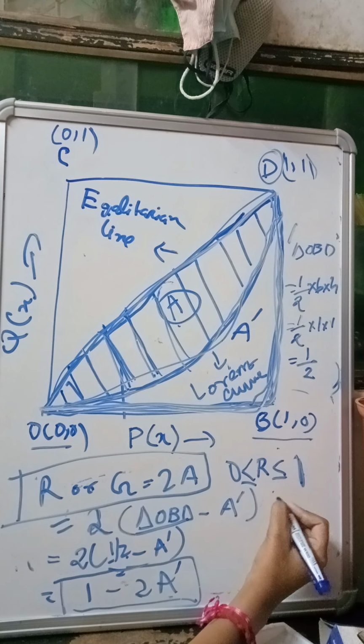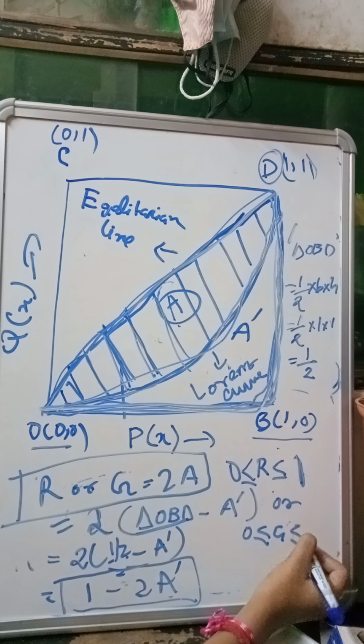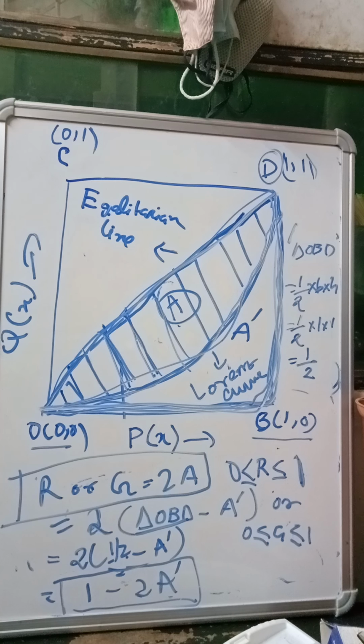Again, we can also write 0 less than or equal to G less than or equal to 1. So Gini coefficient or Lorenz ratio cannot go outside 0 and 1. At maximum the value of R or G can be 1, and at minimum it can be 0. It will never exceed beyond 0, and it will never exceed beyond 1.